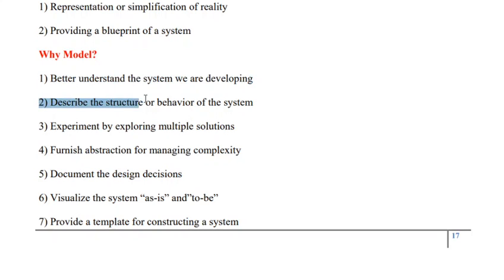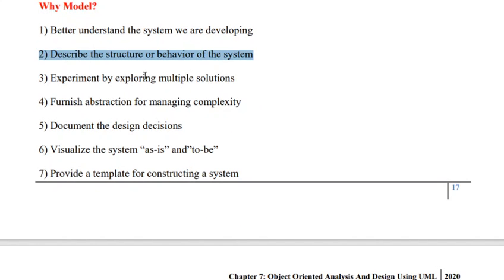It describes both the structure and behavior of the system, because we have models that describe structure as well as models that describe behavior. For example, a class diagram is a model that represents structure. A state diagram is a model that represents behavior, right?